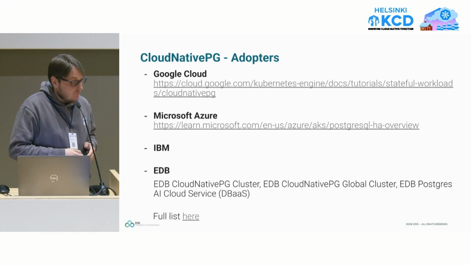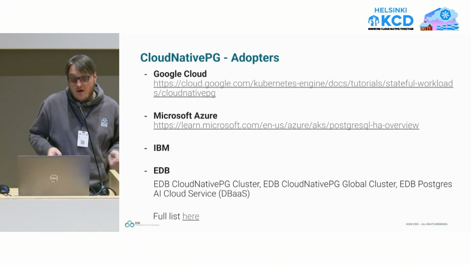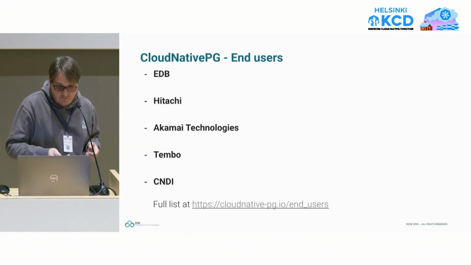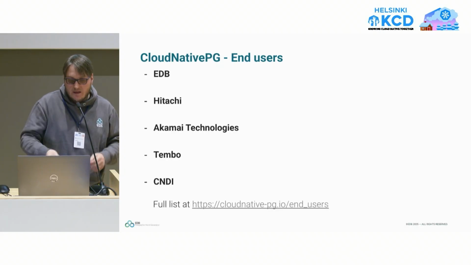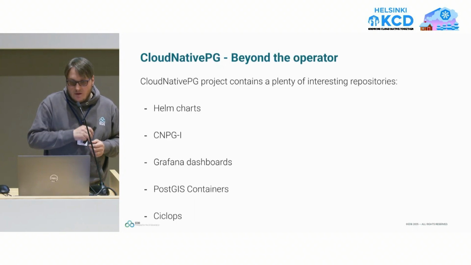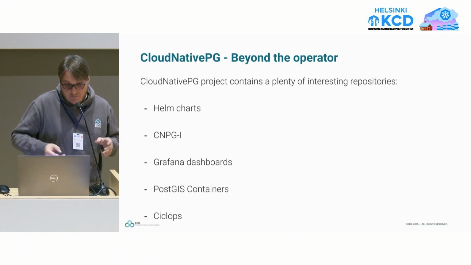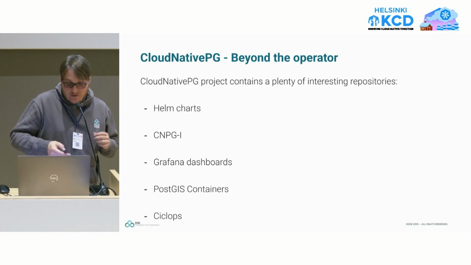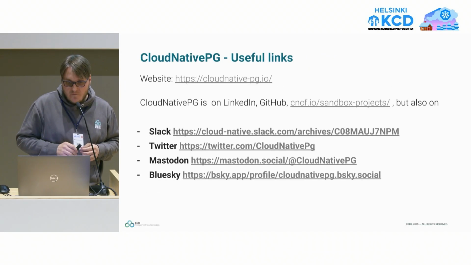We have a lot of important adopters and users like Google Cloud, Microsoft Azure, IBM, and also some end users like Hitachi, EDB, Akamai, and so on. Beside the main repo, the operator, there are the Grafana dashboard, like I mentioned before, but also the Helm chart, CNPG-I examples. So there is a lot of stuff.